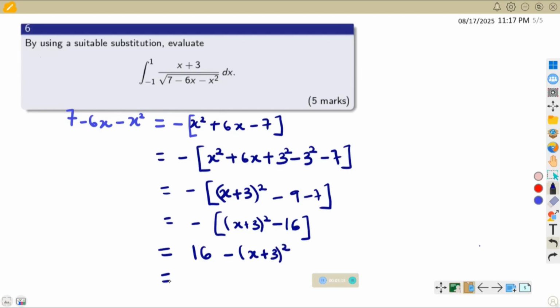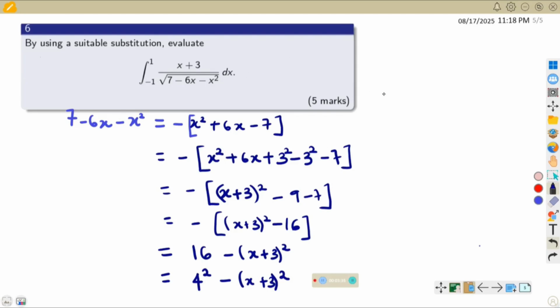So if we group, remember we said it has to be a squared minus b squared x squared. So the a will become 4 squared minus x plus 3, which is squared. So we have factorized the square root. So we continue.